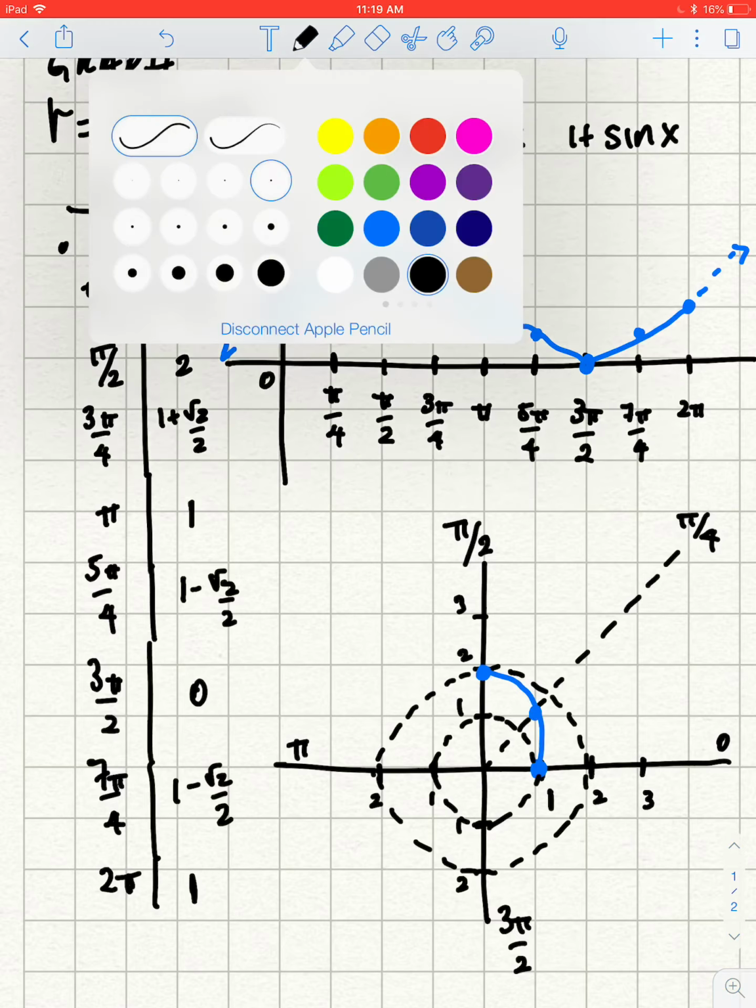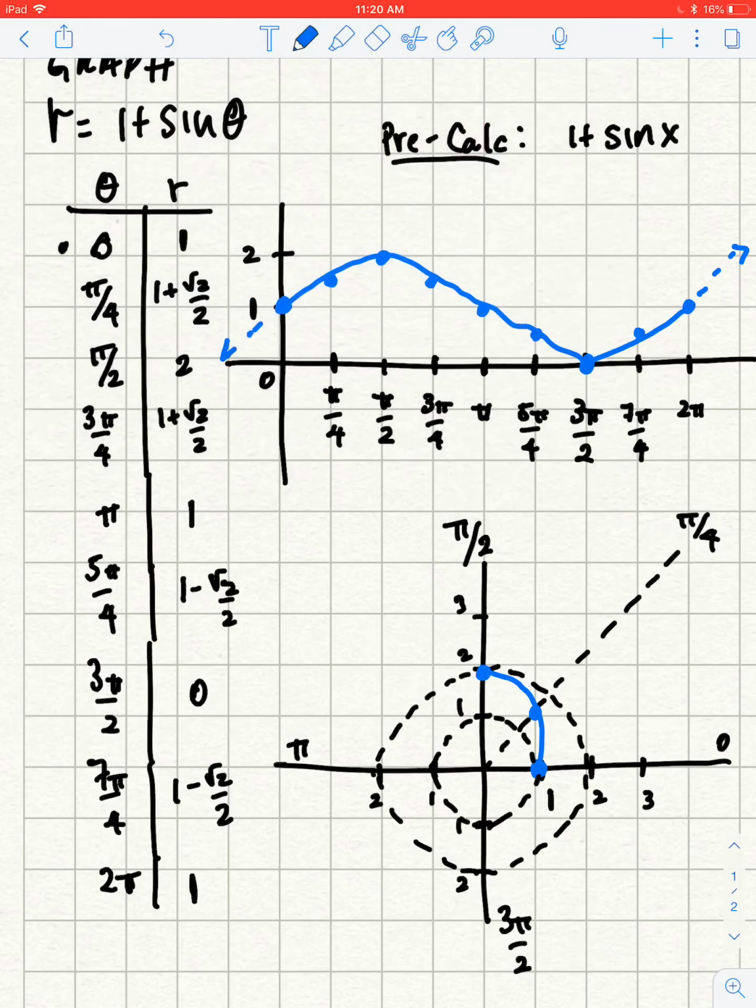All right, so let's finish off the graph. Okay, so now let's go to 5 pi over 4, right? So we're now at 5 pi over 4. Oops, 3 pi over 4, we get 1 plus root 2 over 2.